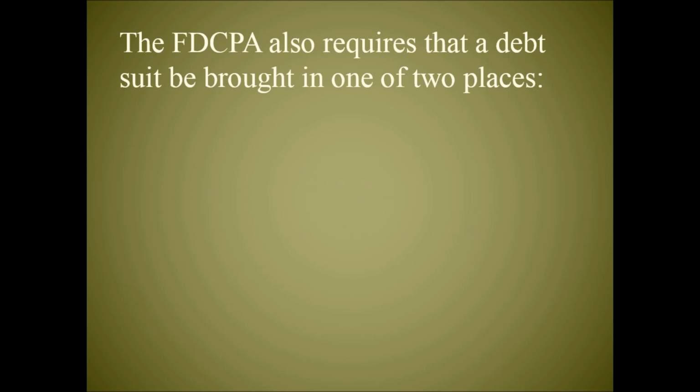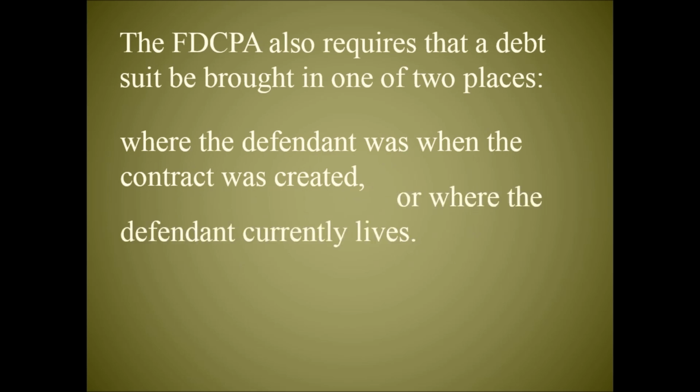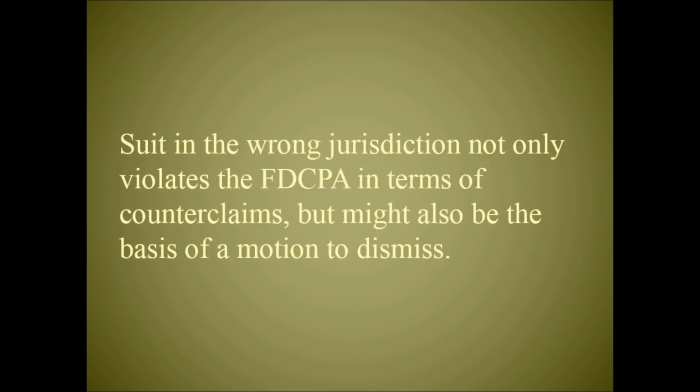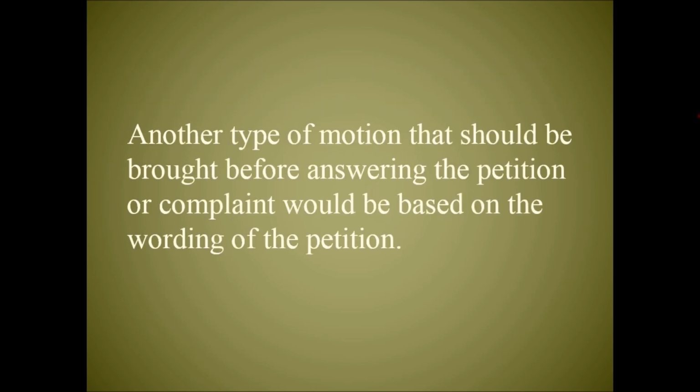The FDCPA also requires that a debt suit be brought in one of two places: where the defendant was when the contract was created, or where the defendant currently lives. Suit in the wrong jurisdiction not only violates the FDCPA in terms of counterclaims, but also might be the basis for a motion to dismiss. Filing something else first might, and probably does, waive the right to move to dismiss on these bases.